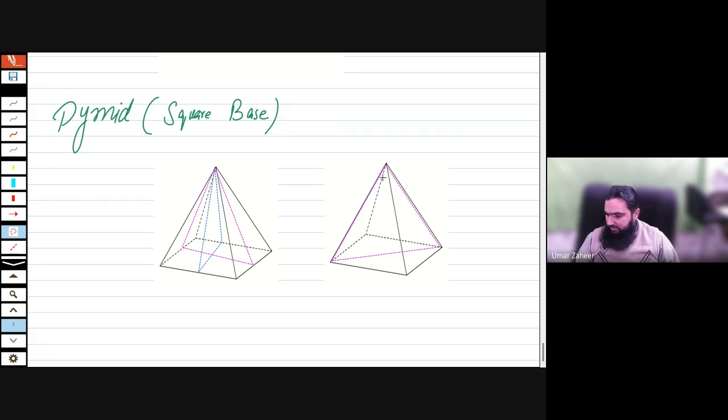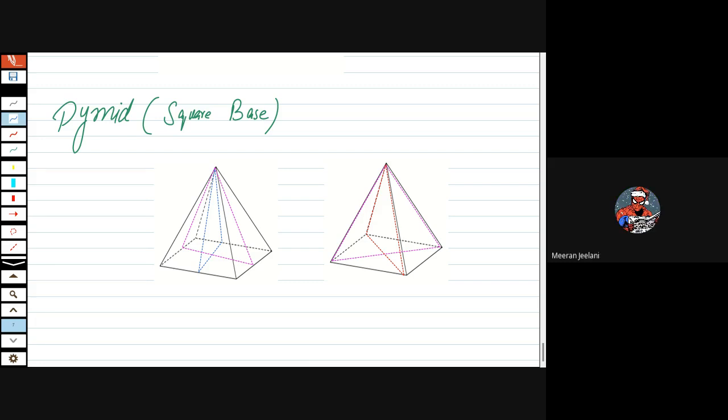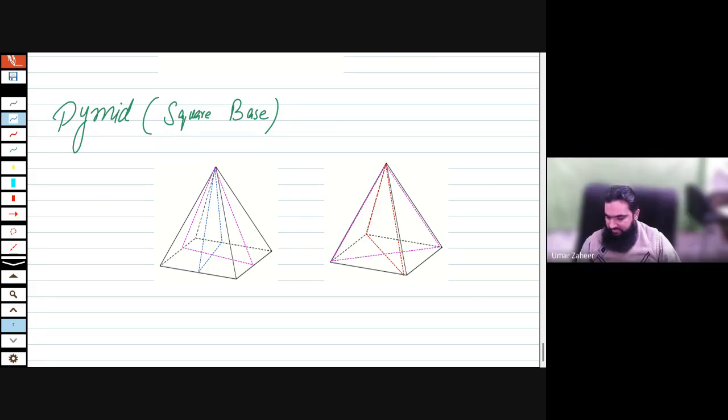You are going to get this half and this half because these planes divide a pyramid into two equal halves. Is it clear? So look at here, how many planes are going to be here? Four. We have four planes of symmetry here. Clear?